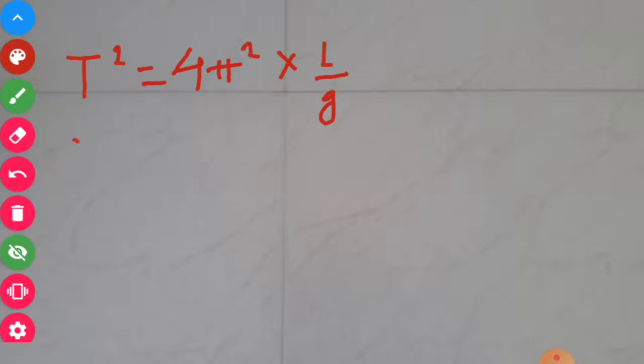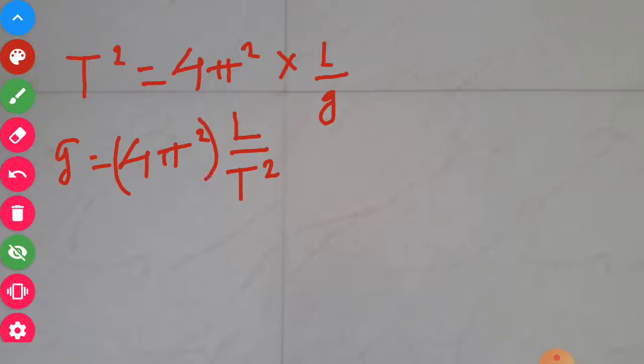So g is equal to 4 pi square L upon T square. Now see, 4 pi square is a constant value, so it does not have any error. The relative errors are there in the measurements only. It's a fixed value.